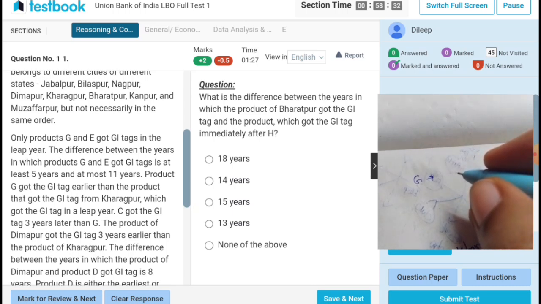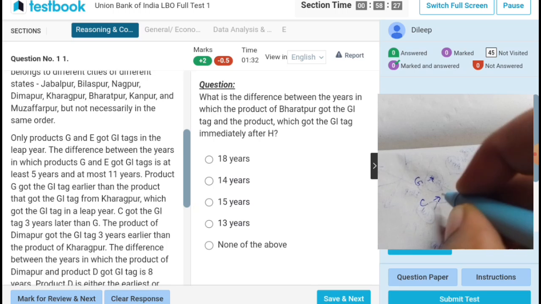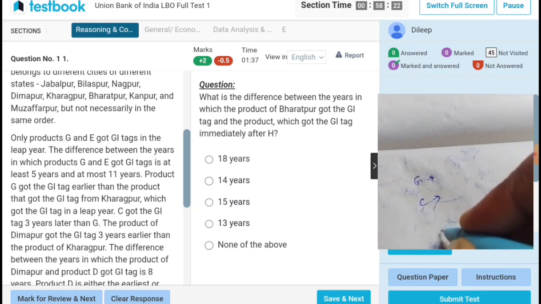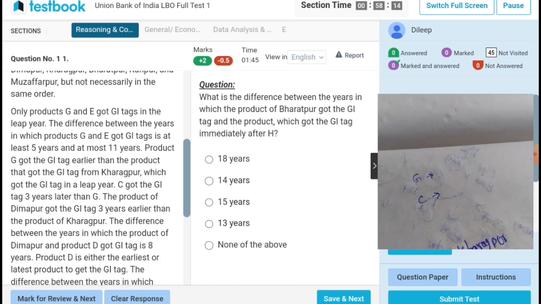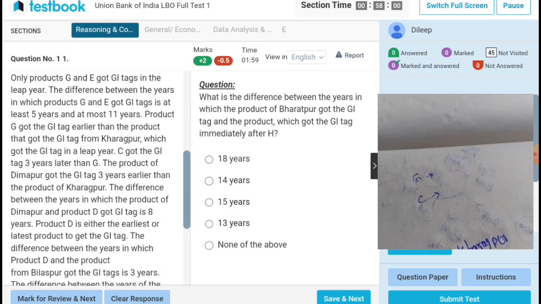C got GI 3 years later than G, and the product from Dimapur got the GA tag 3 years earlier than Kharagpur. The difference between the product from Dimapur and product D is 8 years. Product D is either the earliest or the latest product to get the GI tag.